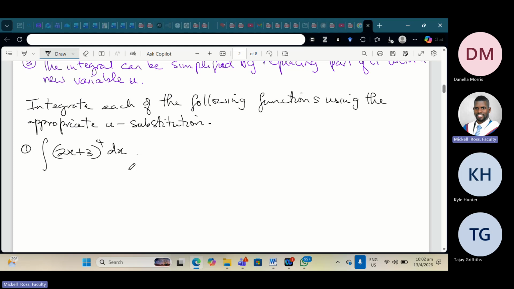But if we're going to change the function to u, that means we're now going to be integrating with respect to u. If you're integrating with respect to u, that now means you have to change the derivative, change with respect to x to with respect to u, because you have changed the variable with which you're integrating the function. What do I mean by that? Let's look at it so I can point it out to you.